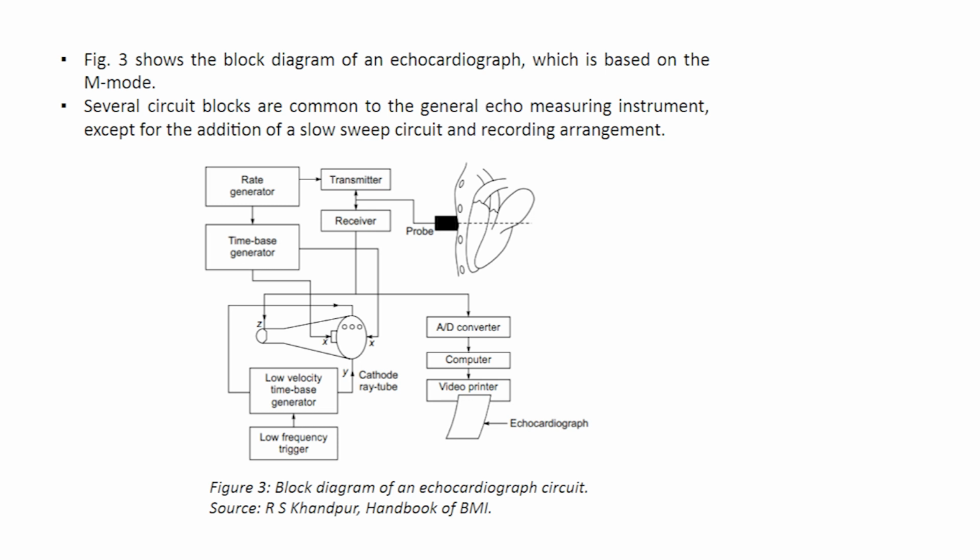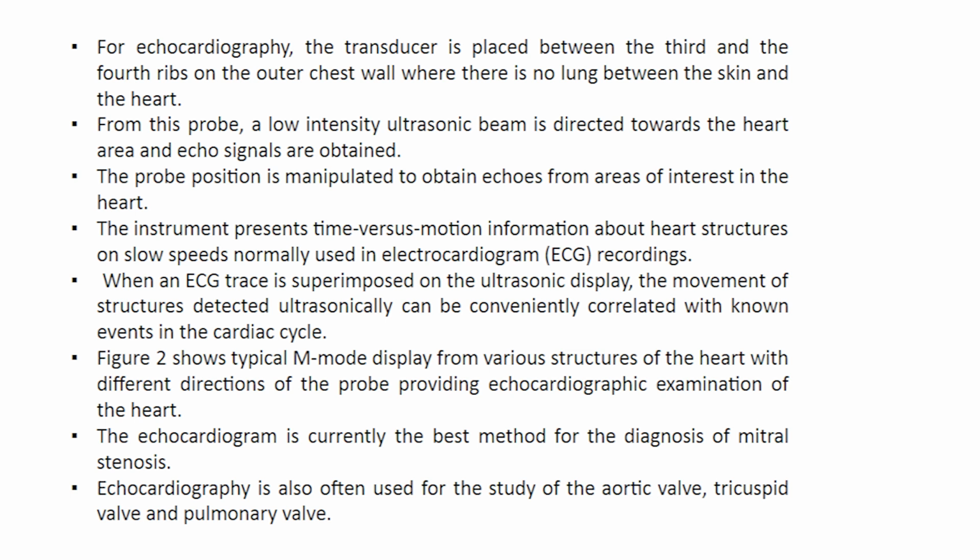Figure 3 shows the block diagram of an echocardiogram which is based on the M mode. Several circuit blocks are common to the general echo measuring instrument, except for the addition of a slow sweep circuit and recording arrangement. For echocardiography, the transducer is placed between the third and the fourth ribs on the outer chest wall, where there is no lung between the skin and the heart.